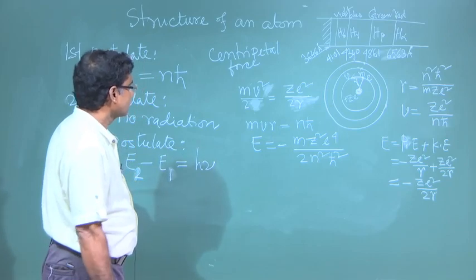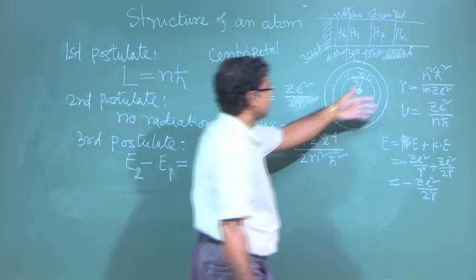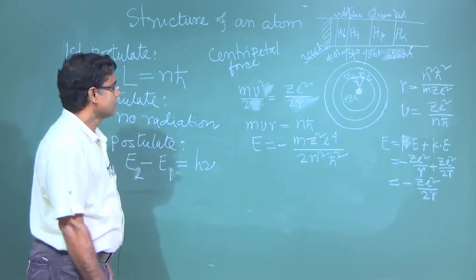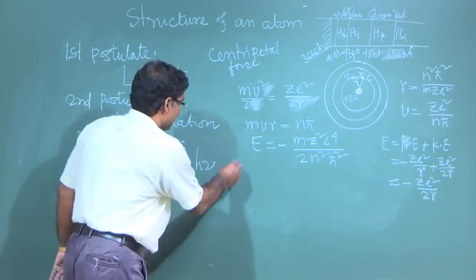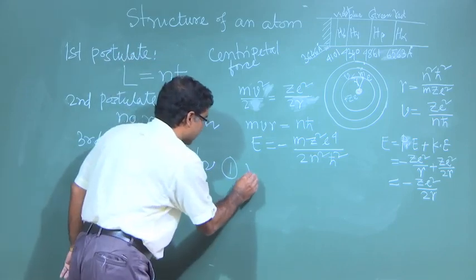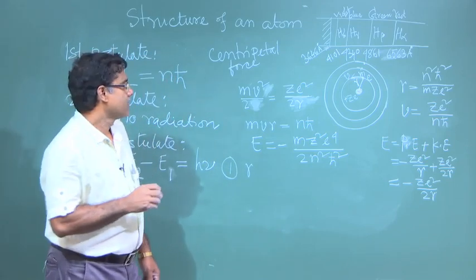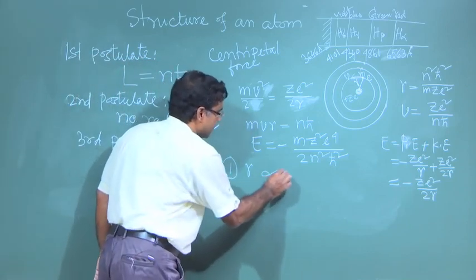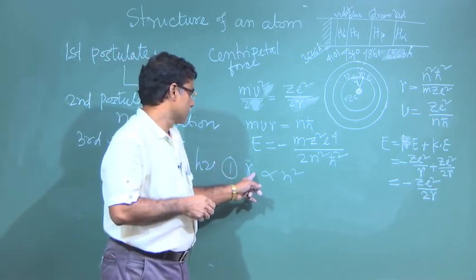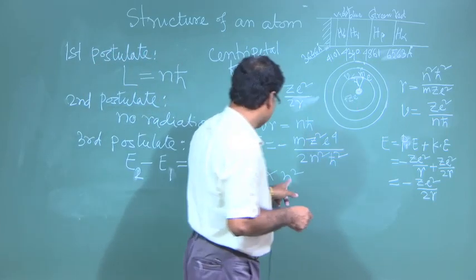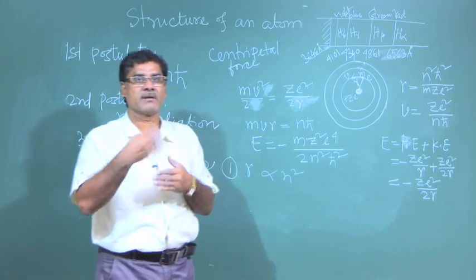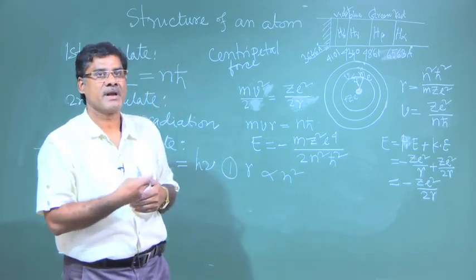So, from here you can conclude that the radius of the orbit is proportional to n square. That means, whatever the radius of the first orbit, the second orbit radius will be 4 times, third it will be 9 times.